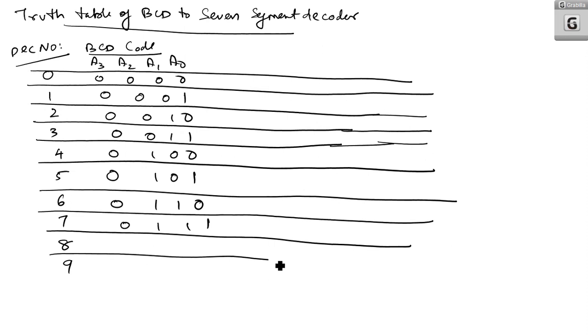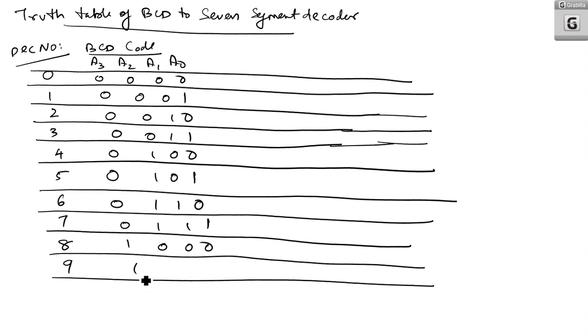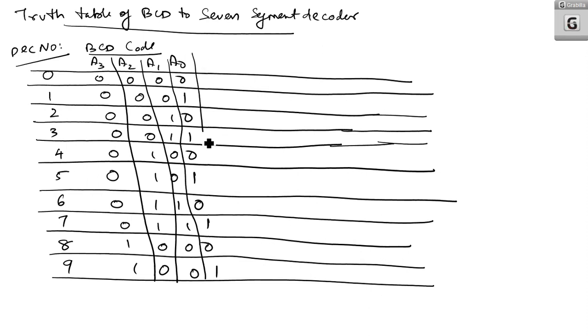At 8 the value is 1, 0, 0, 0. At 9 the corresponding value is 1, 0, 0, 1. So that is A3, A2, A1 and A0. That is the corresponding BCD code.